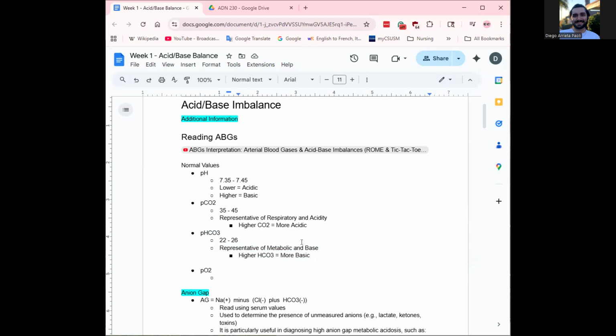But for nursing school, you really just have to worry about the basic ones. I think as complicated as they get is determining whether something is a complete versus incomplete compensation, which we'll go over in a little bit.